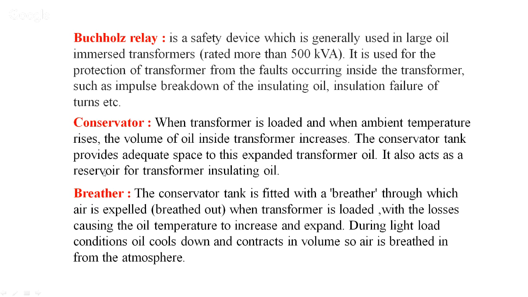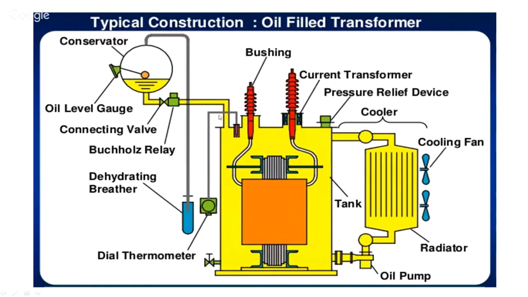Now here conservator is nothing but a reservoir. You can see here, this is a reservoir. So you can observe the level of the oil here. When the transformer is loaded, heat is going to be produced. The oil is going to expand. So the level of the oil rises in the conservator, and the air present here is going to be breathed out or expelled out through the breather.